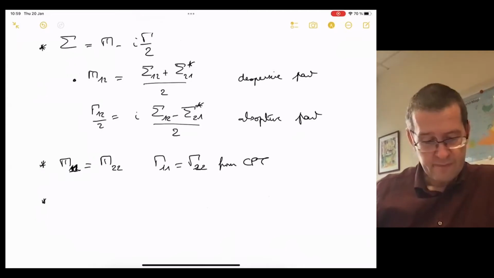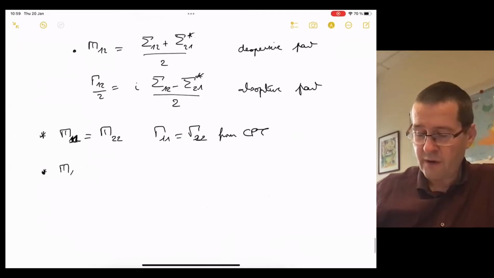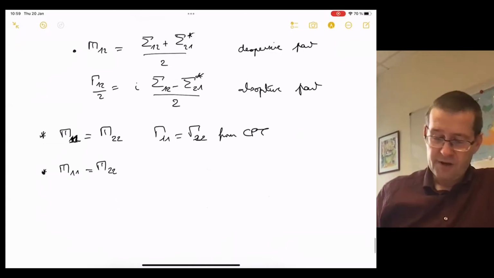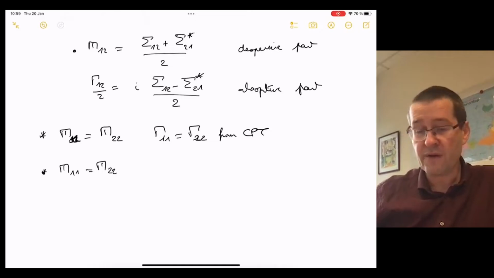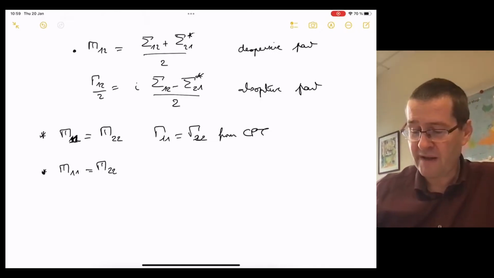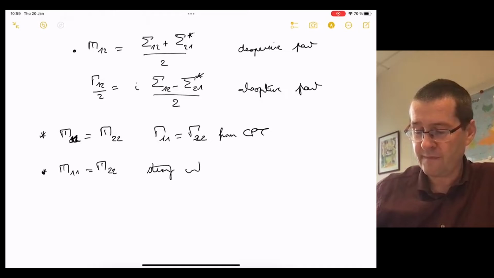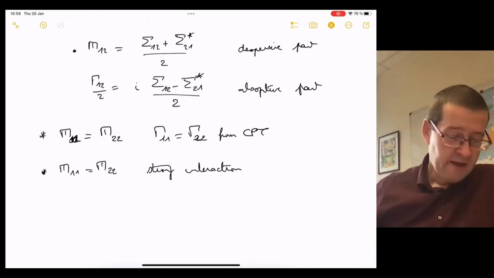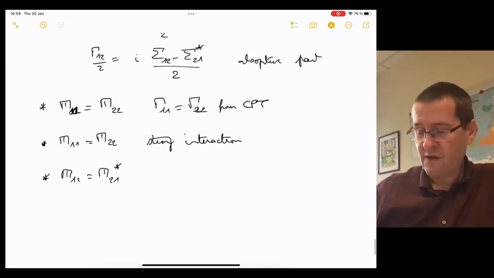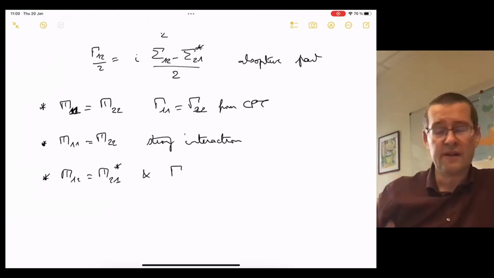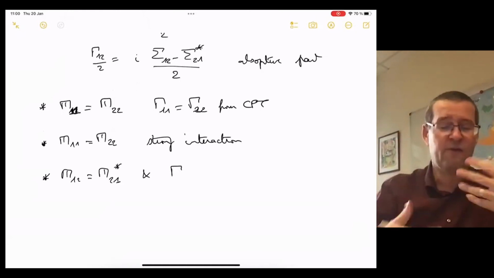Then, those M11 and M22 terms, conceptually they're corresponding to the evolution under, they're dominated by a question related to the strong interaction. Then the part which is giving you a headache, which is the part coming from the off-diagonal terms, and also gamma in general, not only gamma 12, but also gamma 11 and gamma 22, because they're corresponding also to decay through the weak interaction.